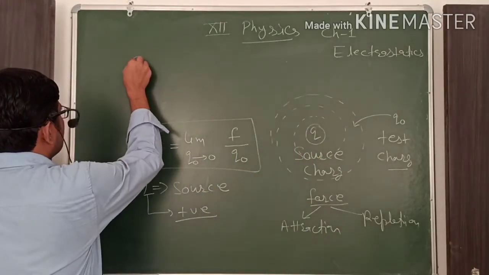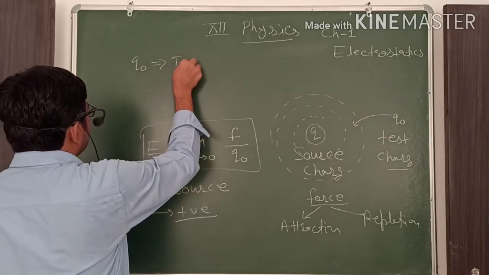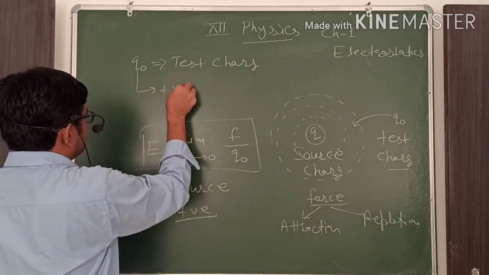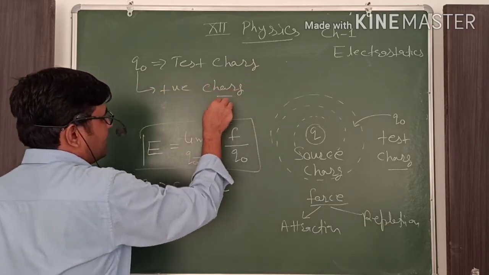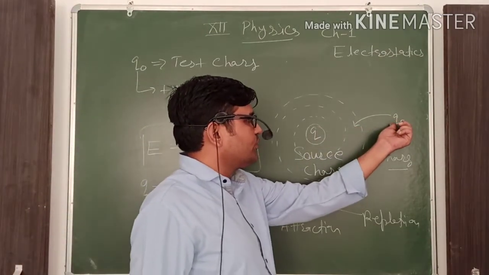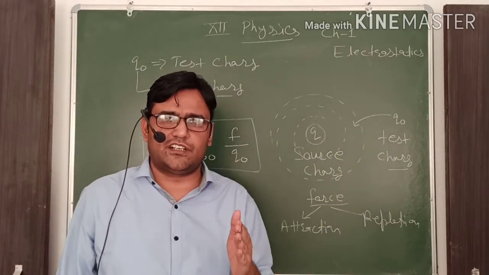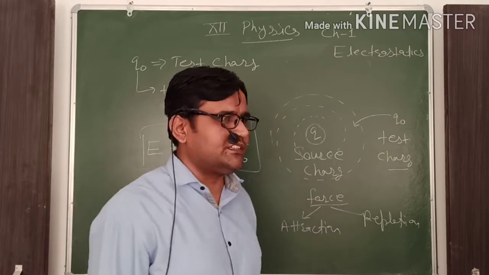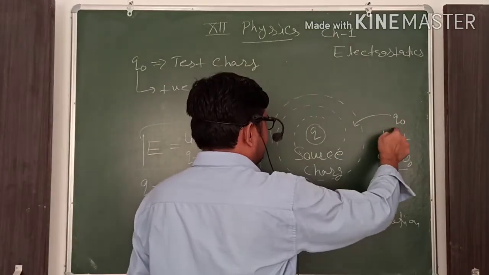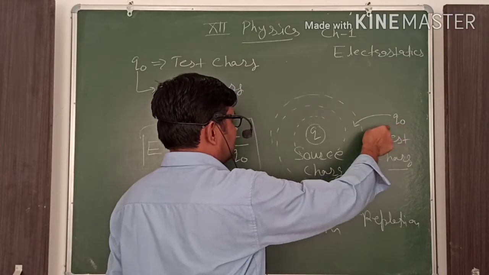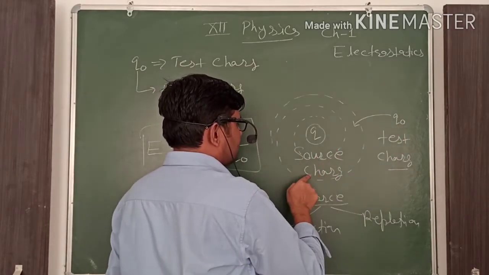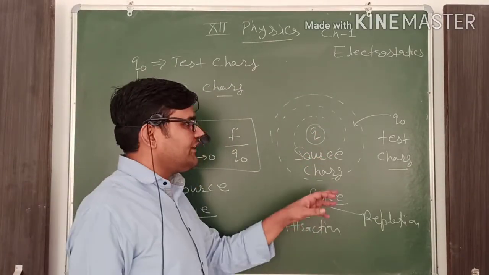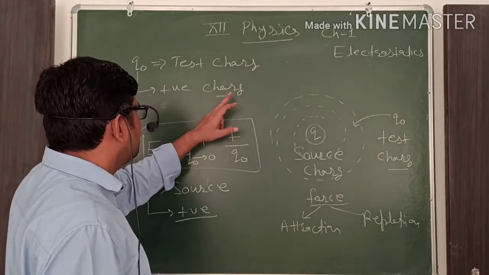If we consider Q naught as a negatively charged test charge, there is an attraction force between the positive and negative charges, and the test charge always feels a force of attraction towards the source charge, whether the electric field exists or not. That's why we consider the test charge to be a positive charge.